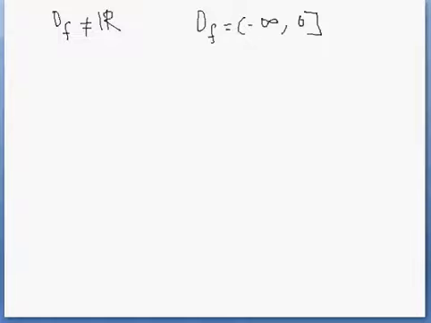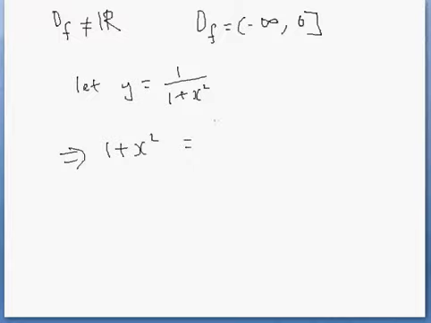So let us find the inverse function. We can write let y equals 1 over 1 plus x squared, and the whole idea of inverse is to make x the subject. So 1 plus x squared is equals to 1 over y, and x squared is equals to 1 over y minus 1.